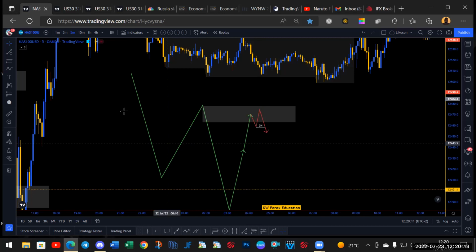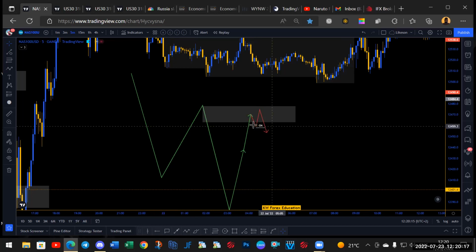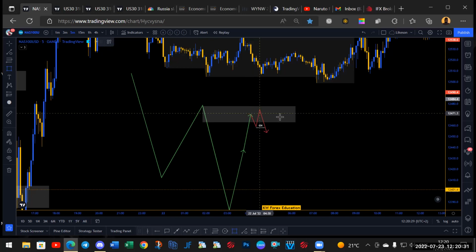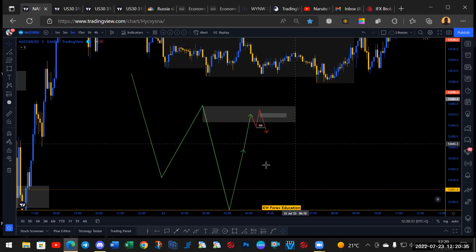So the green one represents the 1 hour movement. Now the red one represents the 5 minutes time frame, so we don't confuse ourselves. When it does this on 5 minutes, that's when you draw another order block on 5 minutes, and preferably the extreme one, right?